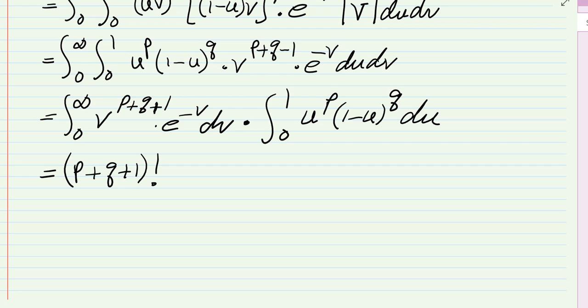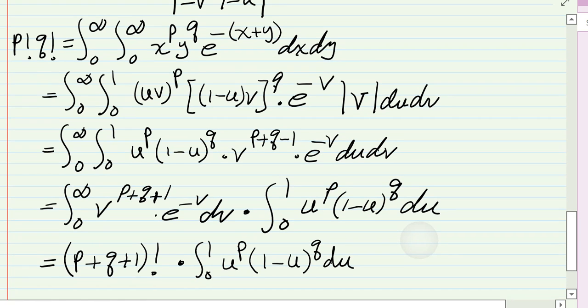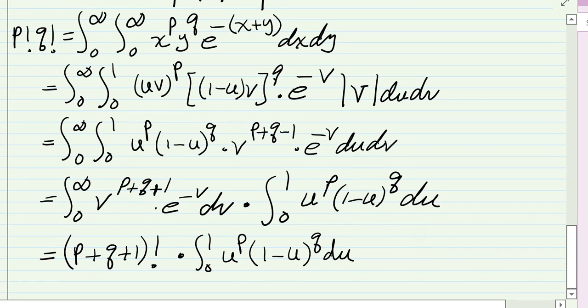Okay, that is the form of the gamma function. Now the integral from 0 to 1, u to p, 1 minus u to q. Call this, yeah, there you go. That's what that integral is. U to p, 1 minus u to q du. Remember, all of this should equal, the left side is p factorial, q factorial, right?